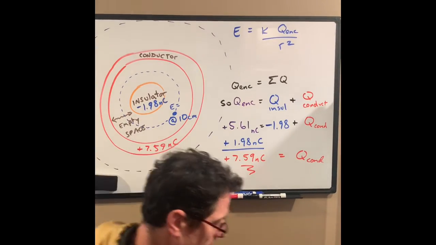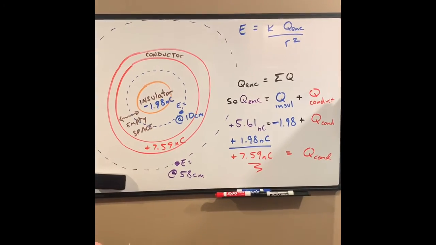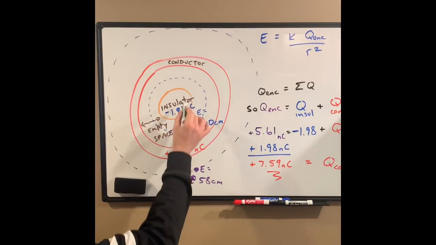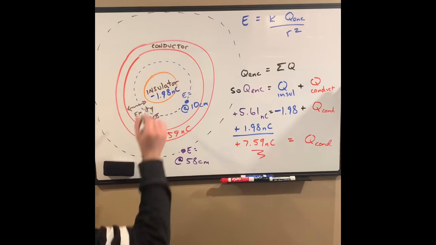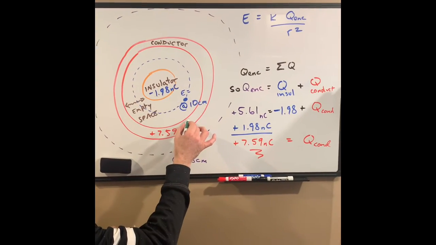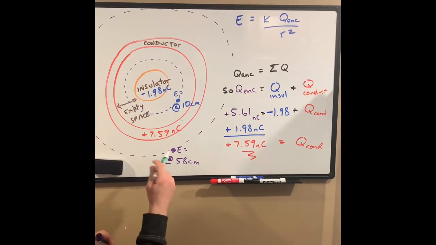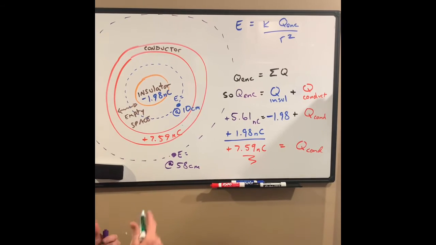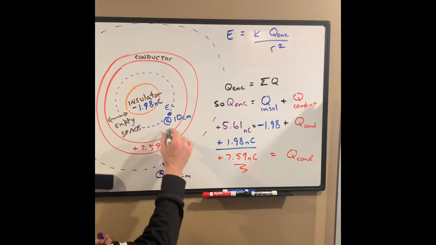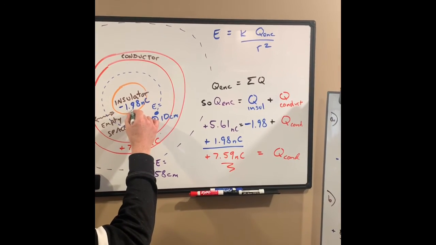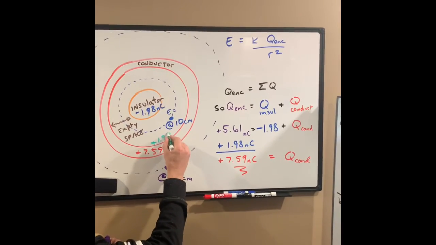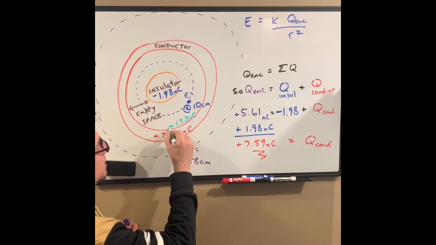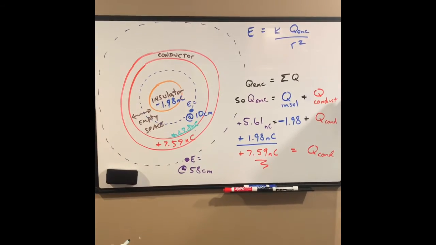Let me grab a hold of a new marker here. Here's where it kind of starts. Since this is a negative 1.98 nanocoulombs, that has the ability to influence the positives and negatives in this conductor. Conductor has charges that can move easily. So I would say that this is capable of attracting positive 1.98 nanocoulombs to that inside layer right there.